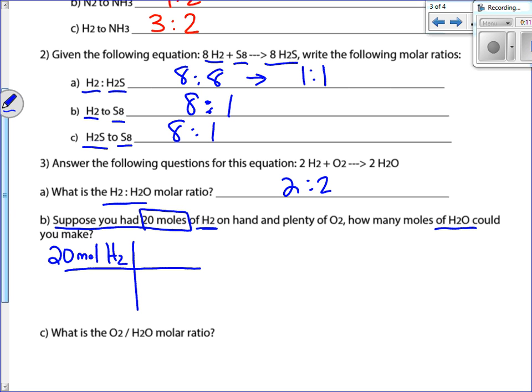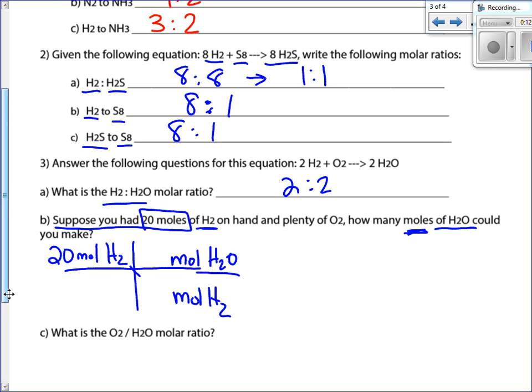Drop down the moles, but we also drop down the H2. We have to identify the substance now. So it's moles of H2 that we're putting in there. So drop that down. What are we going to? Moles of, we're going to moles of H2O. So that's what goes on the top.